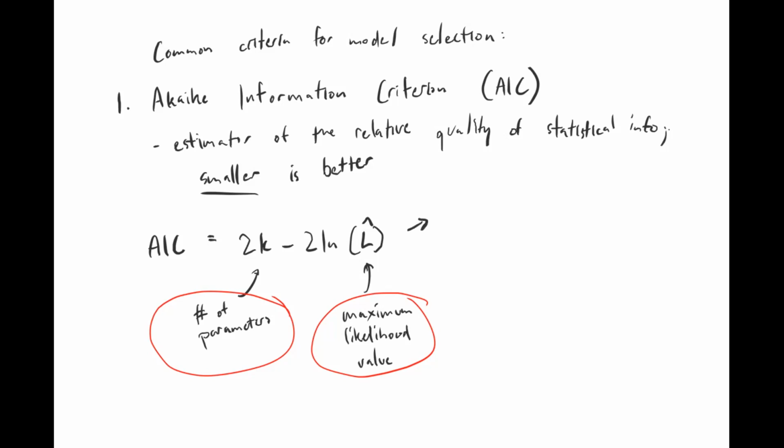So you can actually simplify this specifically for a linear model. The linear model form of this looks like this: RSS plus 2k.